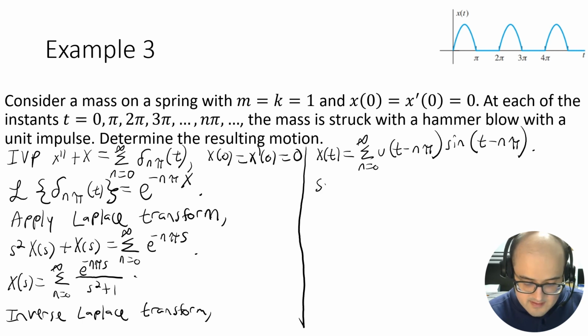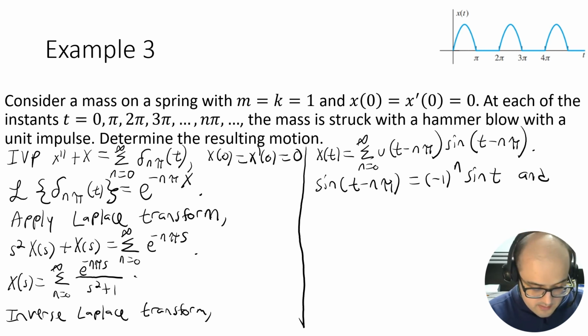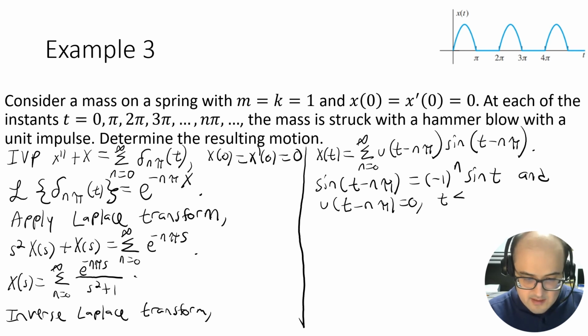We do know that the sine of t minus n pi is the same thing as negative 1 to the nth power times the sine of t. And that u of t minus n pi is equal to 0 when t is less than n pi.